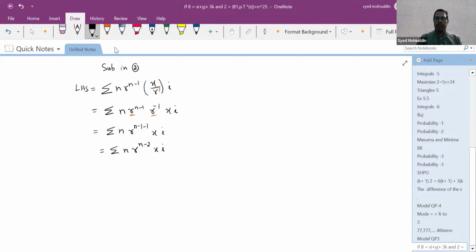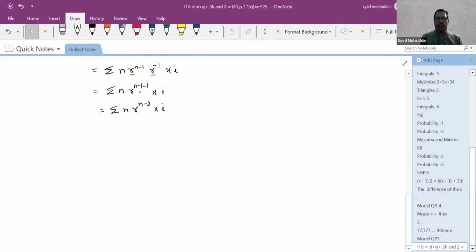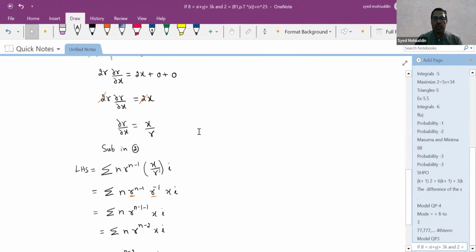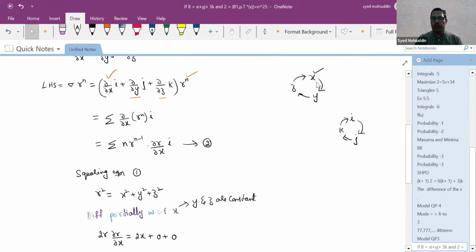Or further, if you try to simplify this one, I'll take the n and r power of n minus 2 outside the summation and write the summation of x into i. If I remove the summation, then I have x and i, so I have to use this symmetric property: change x to y, y to z, i to j, j to k, k to i.